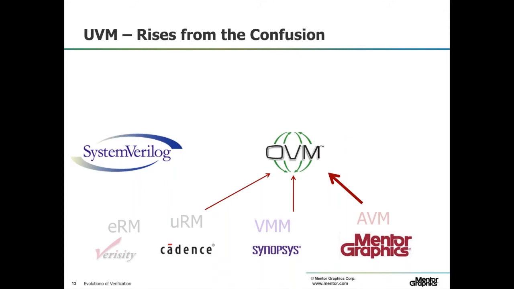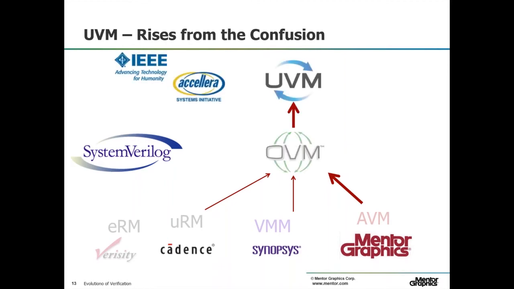And that's where then the IEEE, the Accellera Committee, said, hey, this is good stuff. Let's make that a standard. Instead of calling it OVM 3.0, they renamed it the UVM. So that's kind of where all of these three-letter acronyms for verification methodologies came from, and the UVM is now an IEEE standard. It is supported by all three major EDA vendors.